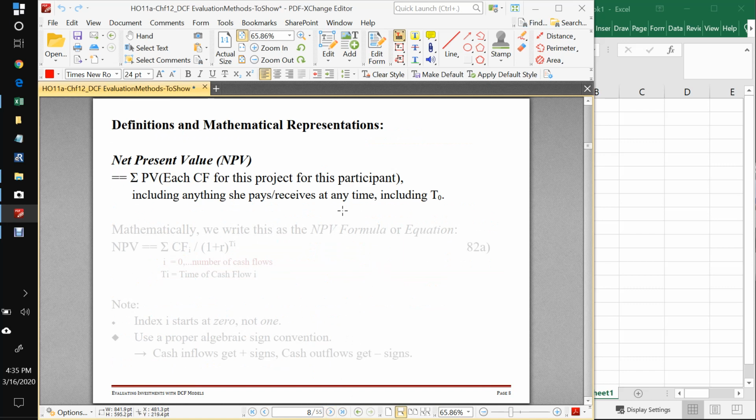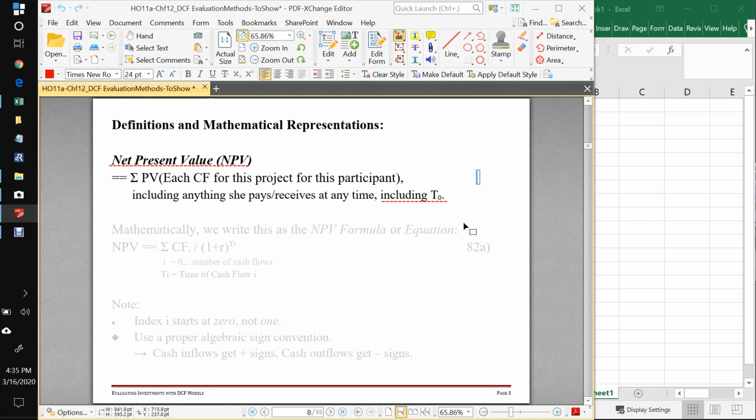Okay, so mathematically, how are we going to set up this NPV method? Well, we have to start with a definition of the net present value. So the net present value of a project is defined to be the present value of each cash flow for this project, for this participant, including anything she pays or receives at any time, including now, time t equals 0.